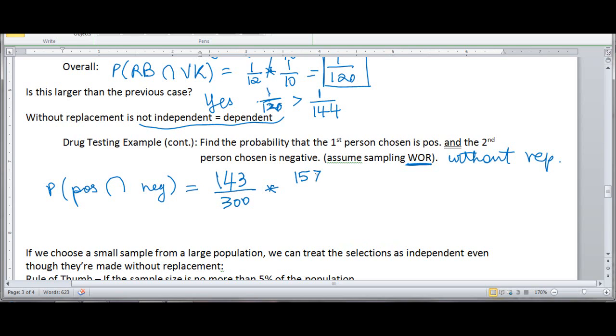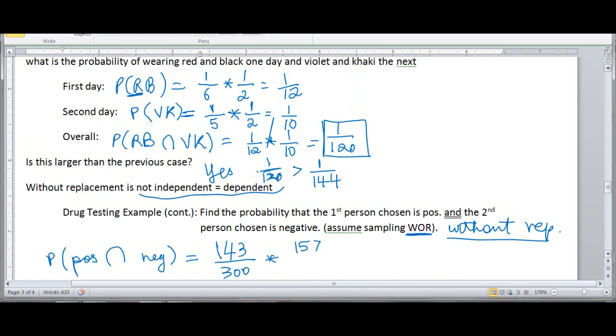Oh, hold on one second. I am sampling without replacement. I think I made a mistake. I am sampling without replacement. Oh, that means I'm not throwing that person back. Oh, scratch that.